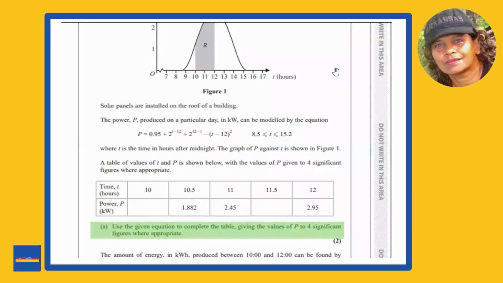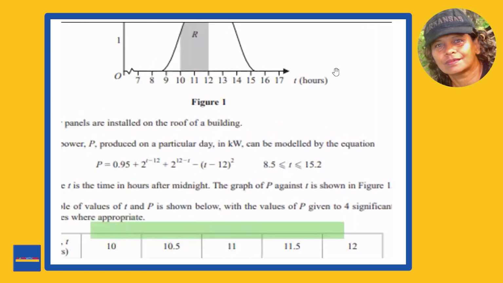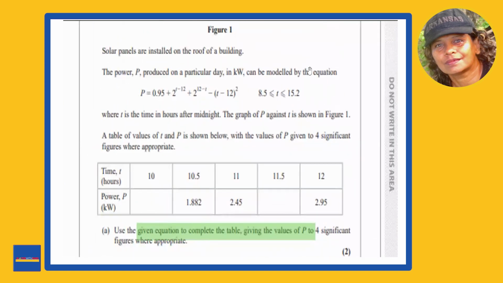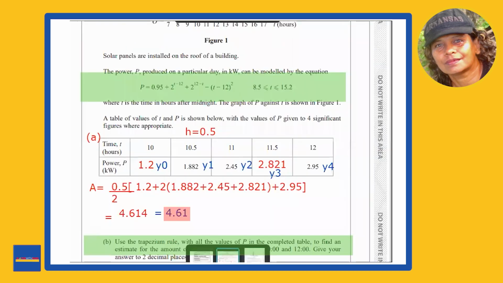That's the first part of this question. We're going to use this formula, where T is from 8.5 to 12.5. So let's go to the calculation that we have made.